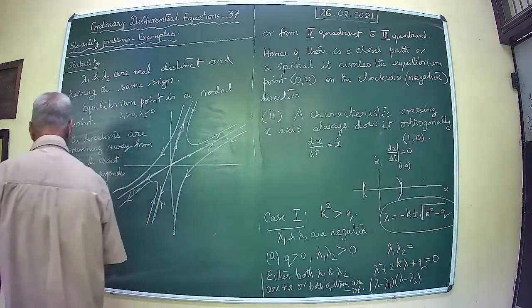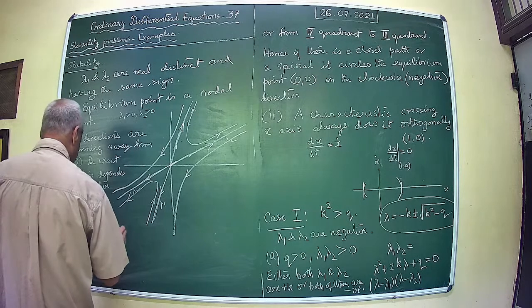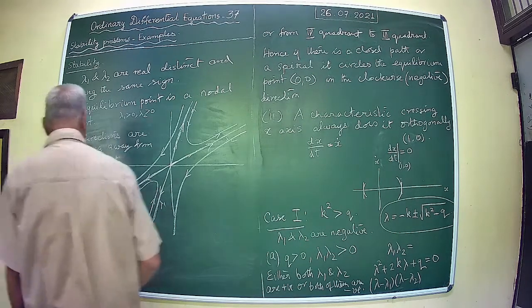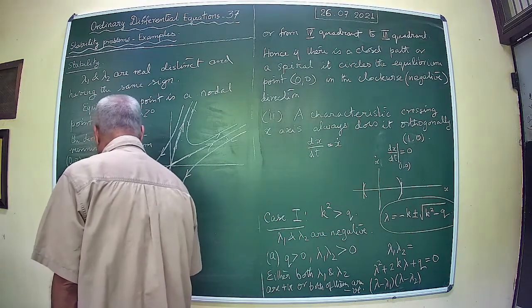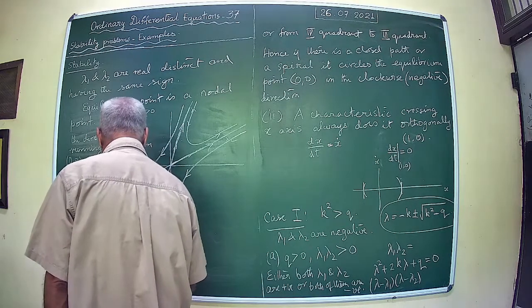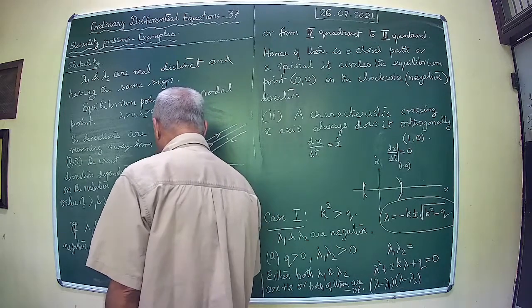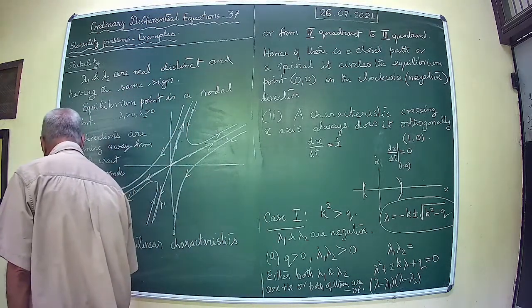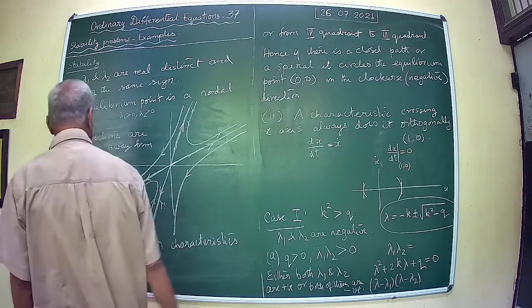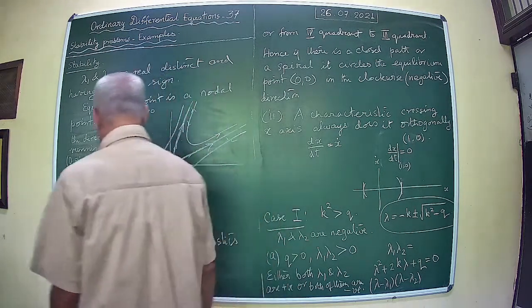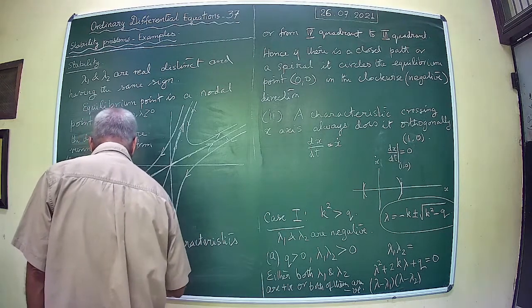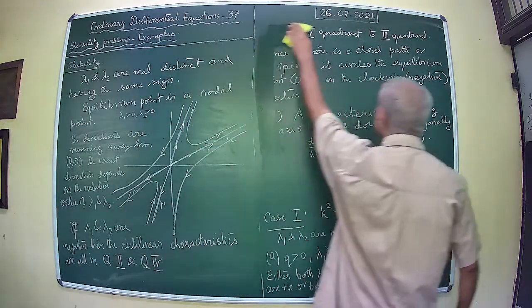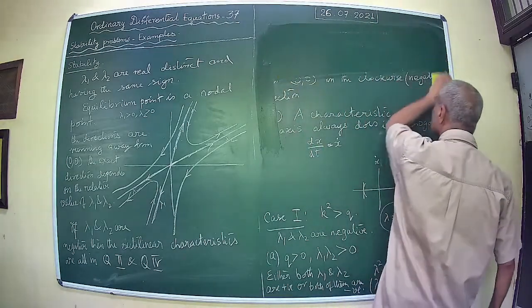Likewise, if the rectilinear characteristics are all in quadrant 2 and quadrant 4, then both are negative.